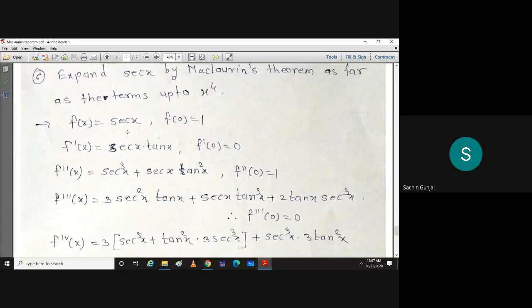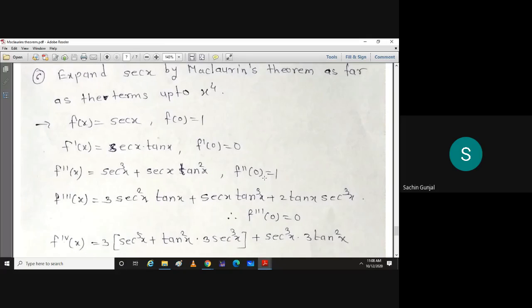So f of x is sec x, so f of 0 is 1. f dash is sec x tan x, so its value at 0 is 0 because tan 0 is 0. Then the second derivative: sec x into the derivative of tan x, which is sec square x, so that becomes sec cube x, plus tan x as it is, and the derivative of sec x is sec x tan x, so this becomes sec x into tan square x.